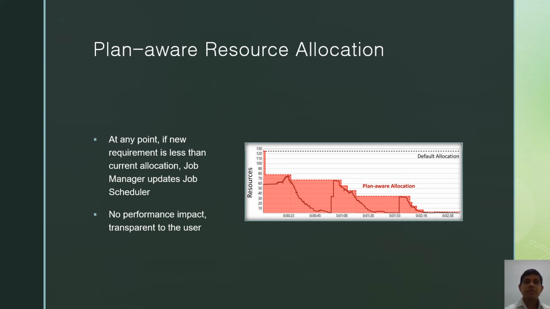Initially, resource separ looks at the plan, calculates the peak requirement, and updates it from 125 to 80. The job manager gives up the extra resources. As the job proceeds, resource separ gets invoked periodically, so it keeps updating the new peak requirement and the job manager keeps giving up the extra resources.